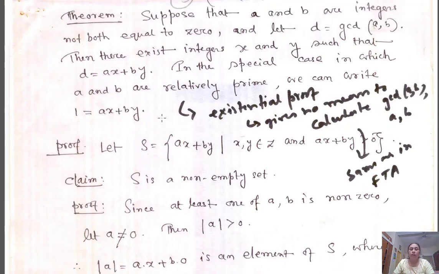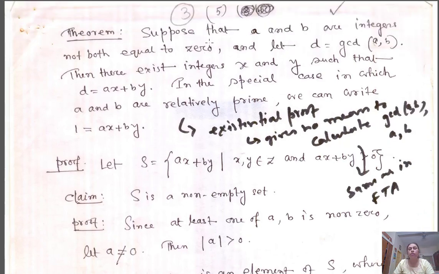Now this proof also uses the well-ordering principle of the set of positive integers. Consider the collection of all integers of the form ax plus by, given a and b. X and y are integers, meaning they can be negative integers also. And this ax plus by must be greater than 0.